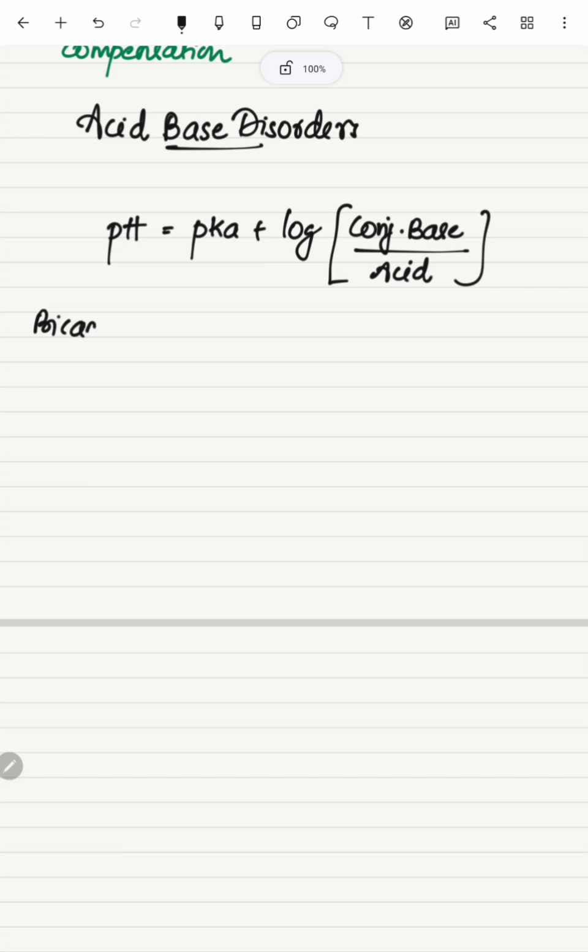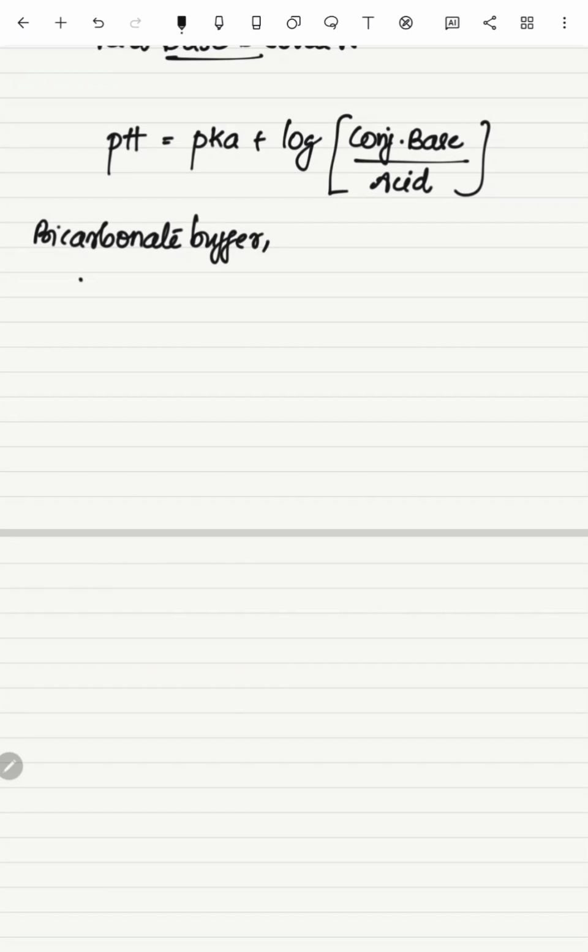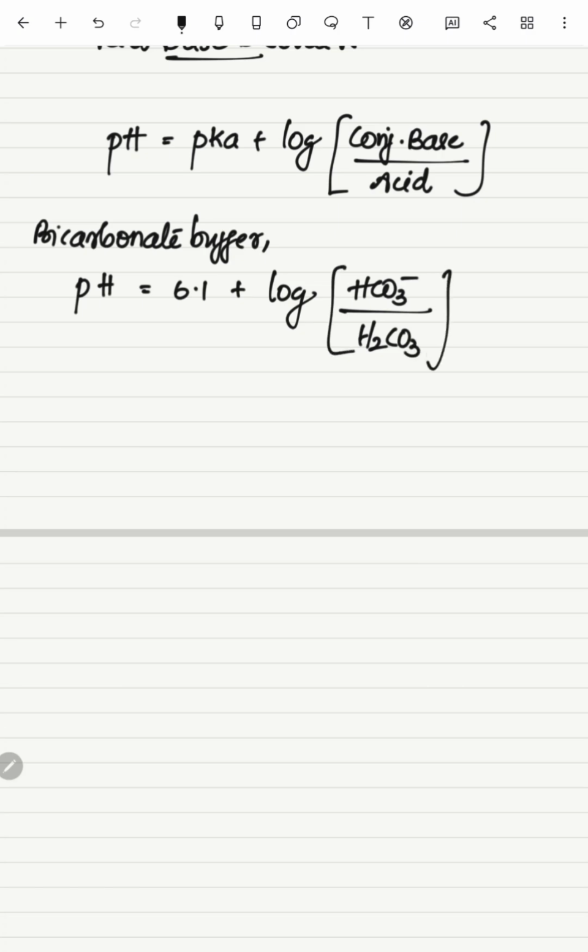The ratio of conjugate base to acid remains a constant, and the value will be 20:1 for the bicarbonate buffer. Whenever we are discussing an acid-base disorder, it is better to start the discussion with the bicarbonate buffer. As we all know, the conjugate base is bicarbonate and the conjugate acid is carbonic acid, and the ratio of these two concentrations will be 20:1.